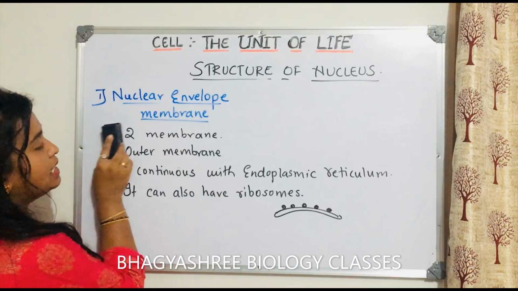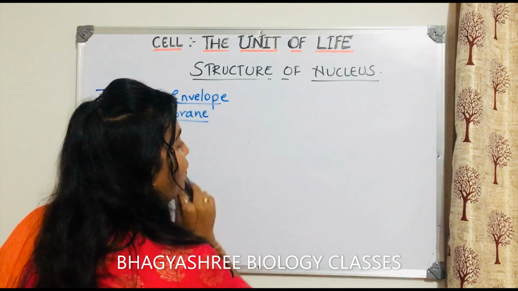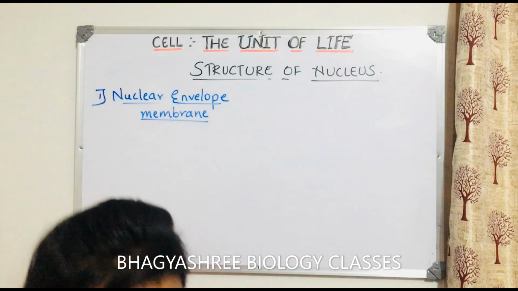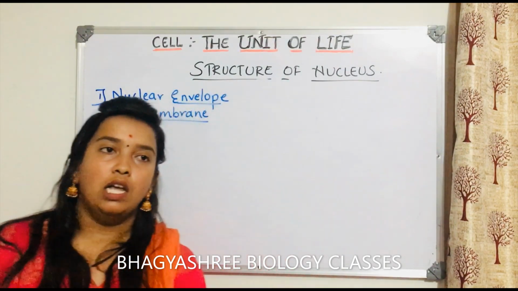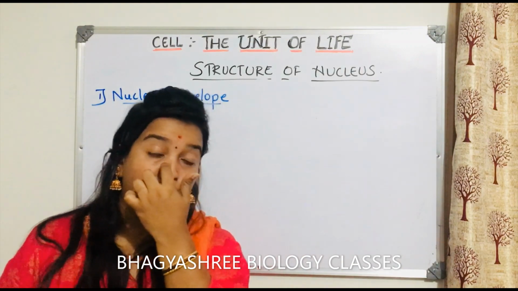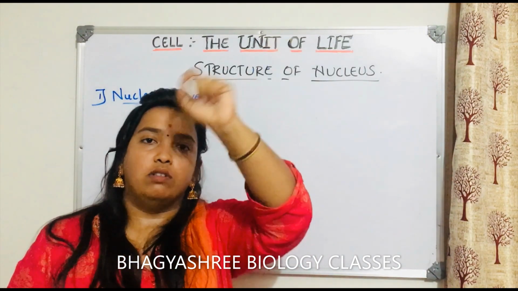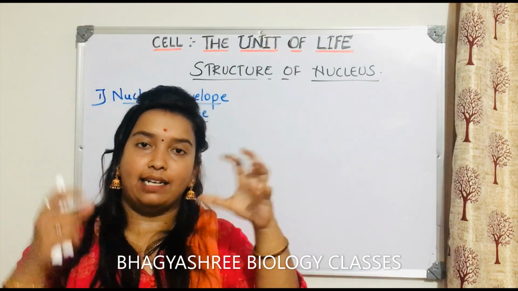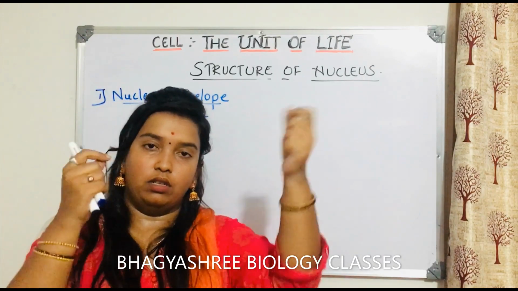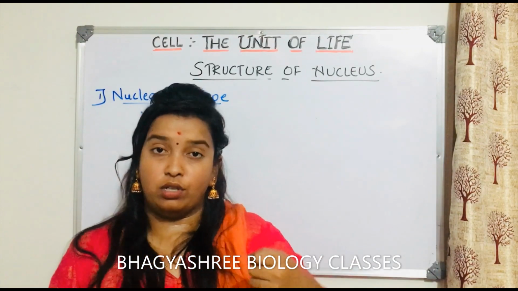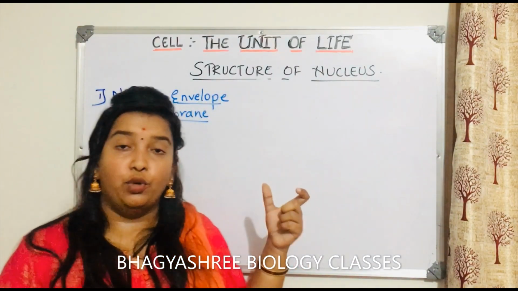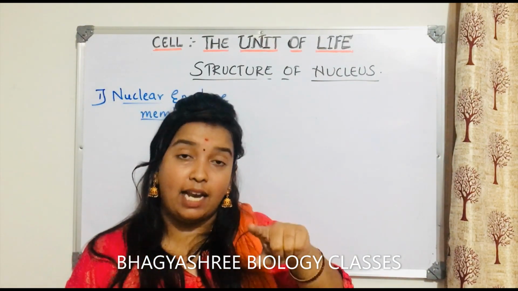Now we will be seeing about the pore, the nuclear pore. When you see the nucleus as a round ball, just imagine the nucleus as a ball. It has so many holes, or you can say pores. Those pores, we call them nuclear pores. Why is that pore formed?